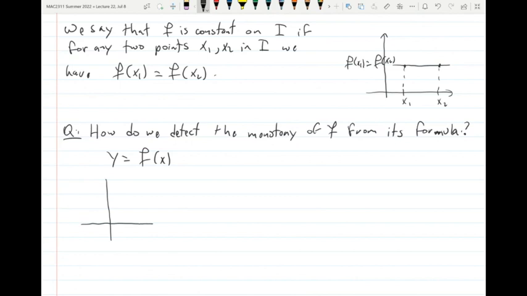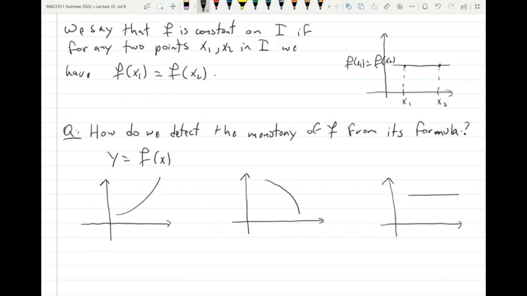The point is, let's take a look at some situations. For example, here is a situation in which the function is increasing. Here is a situation in which the function is decreasing. And here is a situation in which the function is constant. So of course here is increasing, here is decreasing, and here is constant.